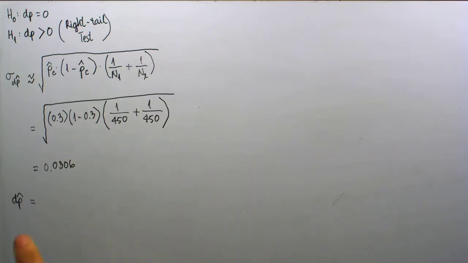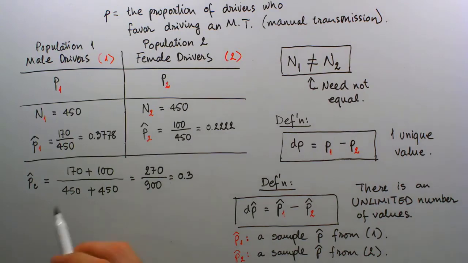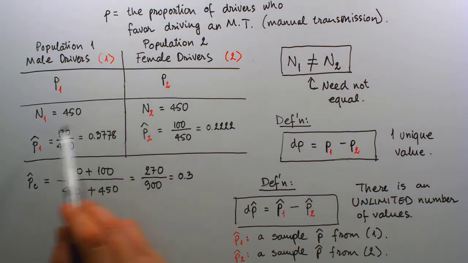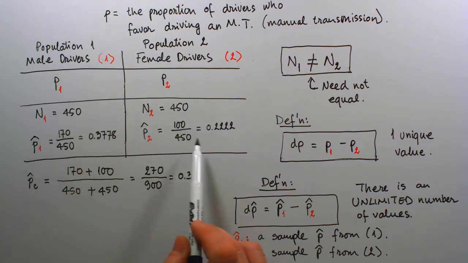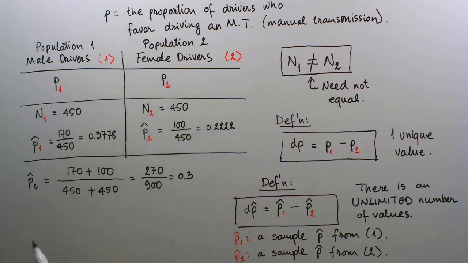And so now, to see the value for this dp hat value right there, the sampling difference of the two sample proportions, let's swing back to the part where I listed down all of the sampling information. On this given information regarding the two samples, we have had one sample from population 1 and one sample from population 2.